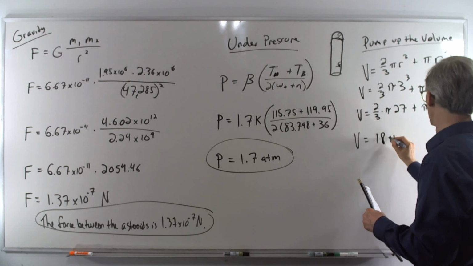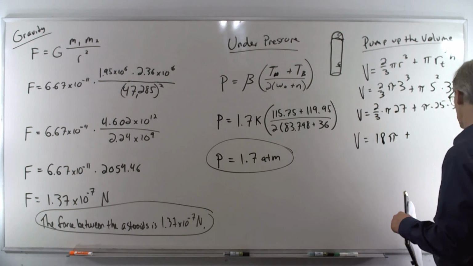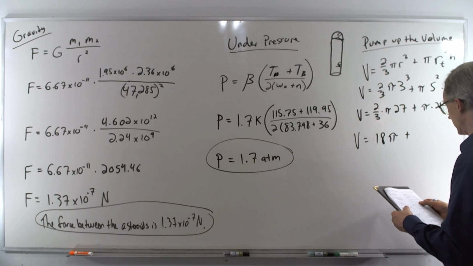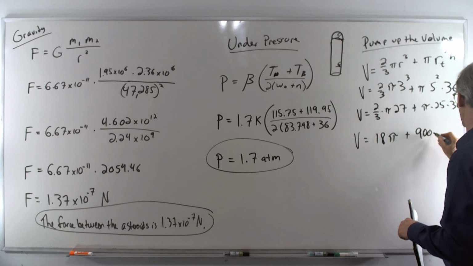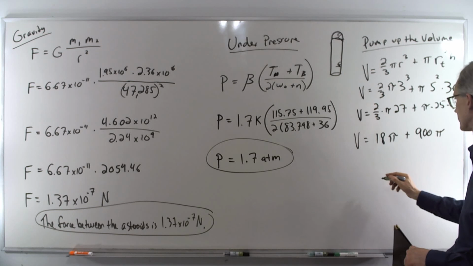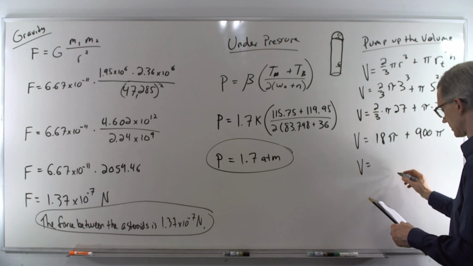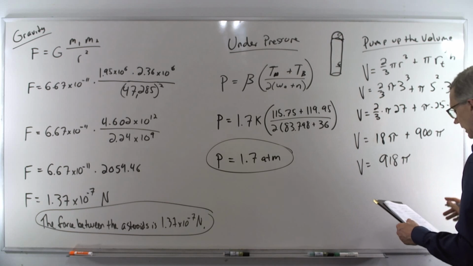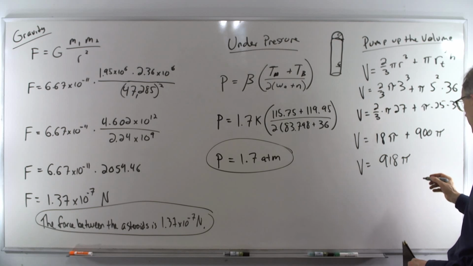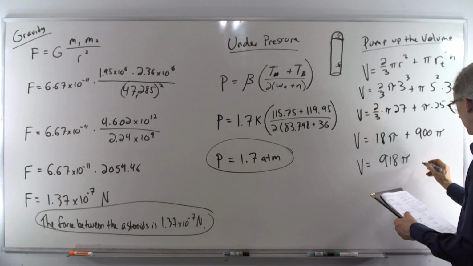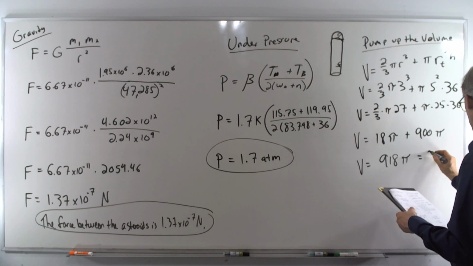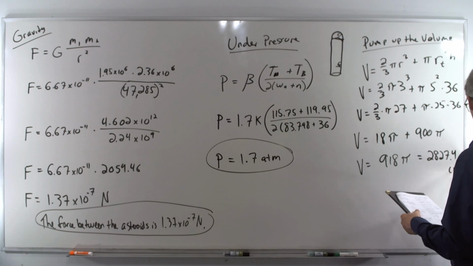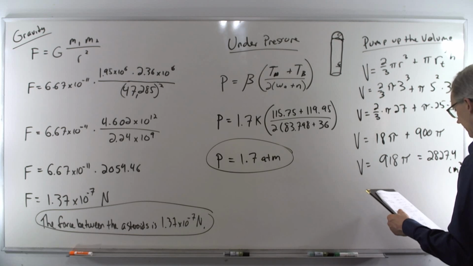So that's 18 pi plus 25 times 36, which is 900. I'm just going to leave it in terms of pi. So the volume is 918 pi. And if you want to, you can multiply this out, and that gives us 27.4 cubic centimeters.